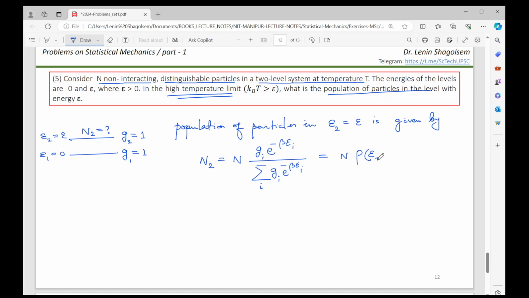Okay, this e2. So let's just put the value of the state directly, meaning this g2 e2.